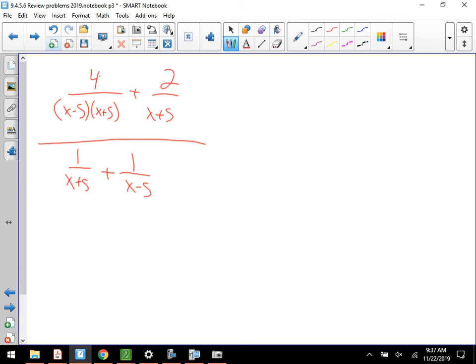The common denominator for the top one: they have one set of the x plus 5s in common. What's left? An x minus 5. Fraction on the left has them both. Fraction on the right needs the minus 5. So it's plus 2 times the x minus 5. So that new numerator then becomes 2x minus 6, I believe.